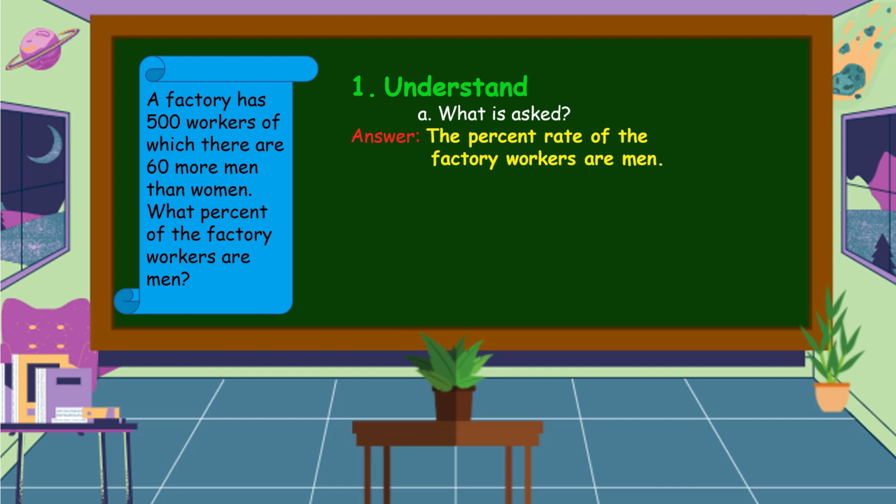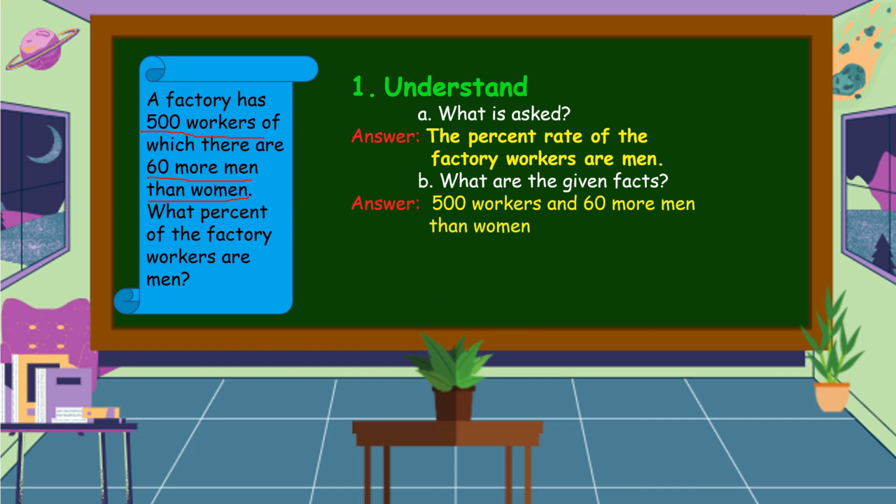Okay, next na kailangan nating malaman, what are the given facts in the problem? So, pag sinabi natin given facts, ito yung mga numbers na makakatulong sa atin para ma-solve natin ang problem. So, the given facts are 500 workers and 60 more men than women.